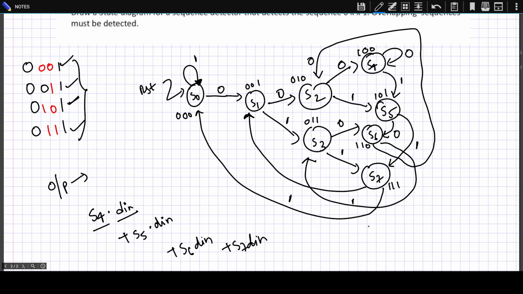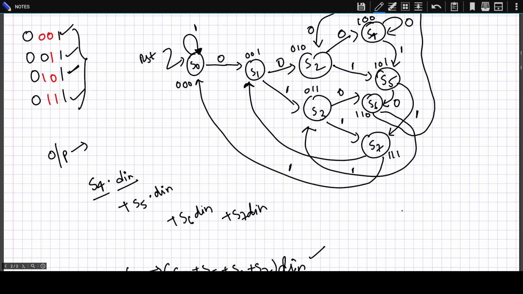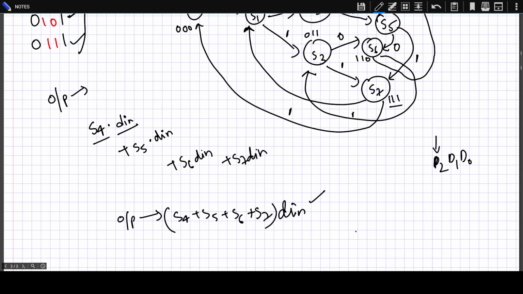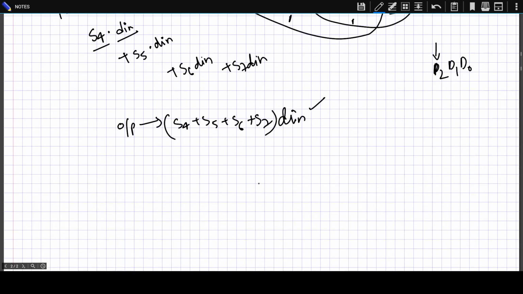Now for design equations, these three are D0, D1 and D2, D2 being the MSB, D0 being the LSB. We need to derive the next state logic.